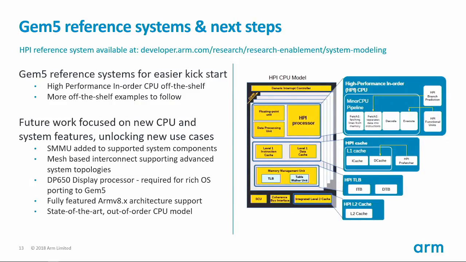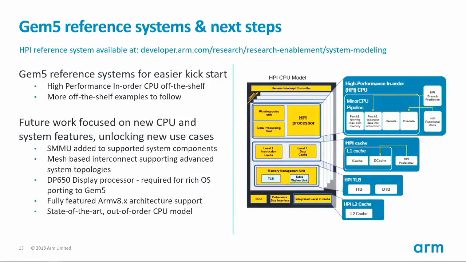So even though Gem5 is a really strong and powerful tool for architecture exploration, the feedback that we got was that the learning curve for that can be a little bit steep sometimes, and we wanted to help you get started easier. So we have created some reference systems. We have the high-performance in-order CPU reference platform that you can use off the shelf, and it is ready to run software on top of that.